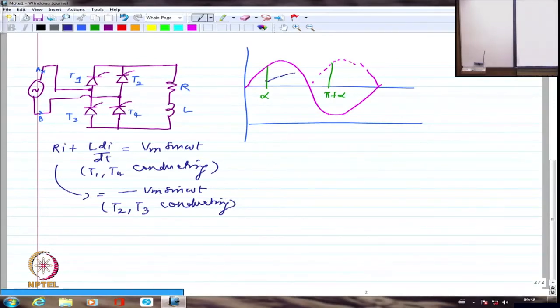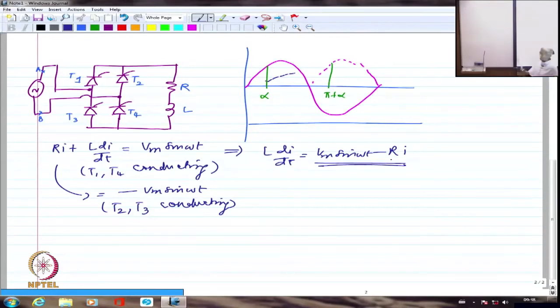Now, L di by dt equals Vm sin omega t minus Ri. We already said when these two are equal to each other, the current is going to reach its maximum or minimum value.